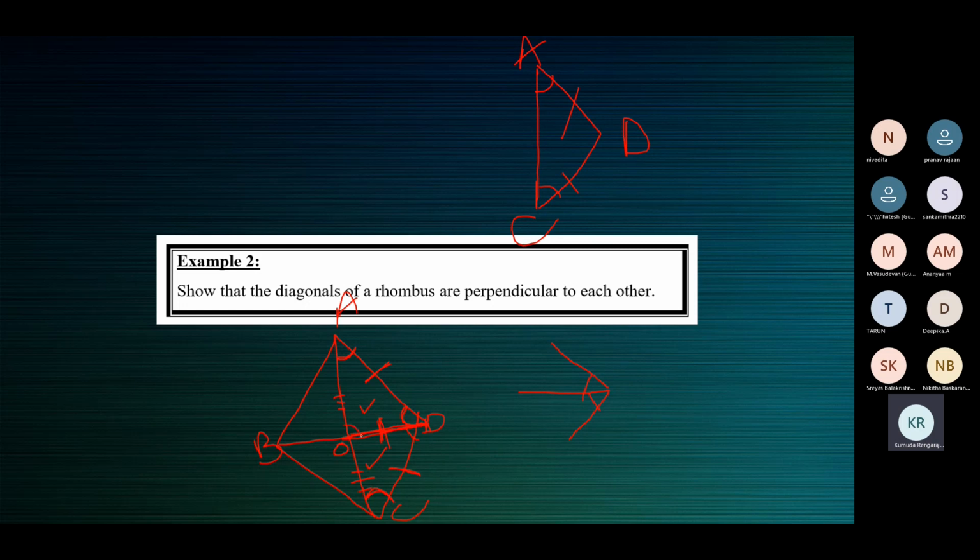By CPCT, you would have this angle equal to this angle, angle 1 and angle 2. Angle 1 is equal to angle 2, but angle 1 plus angle 2 is 180. So when you work that out, you will get angle 1 is 90 degrees, and so the diagonals are perpendicular to each other.